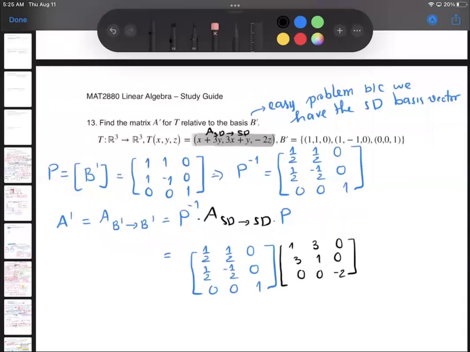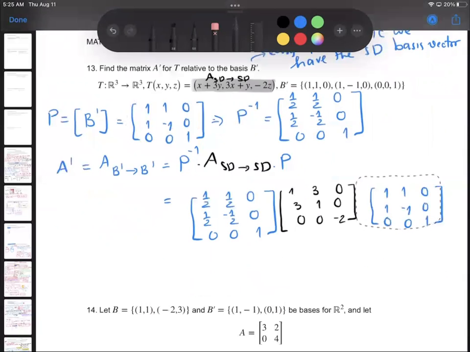And then P, this one. Okay. Plug in your calculator. I'm going to pause it here. I got 4, 0, 0, 0, negative 2, 0, 0, 0, negative 2. And then we're done.